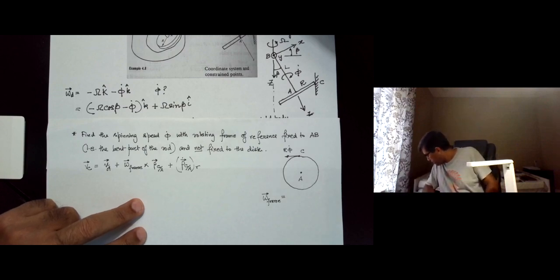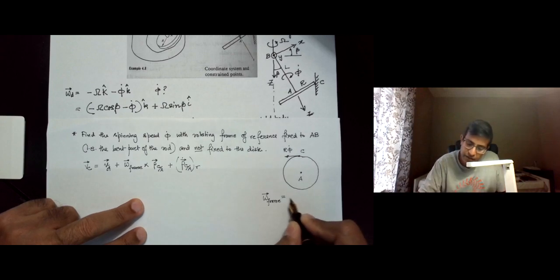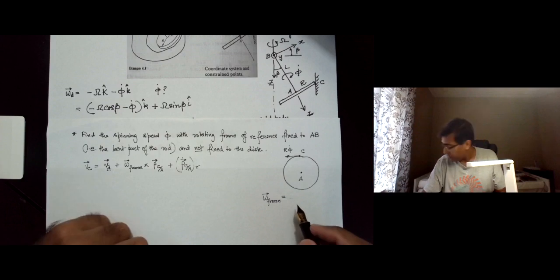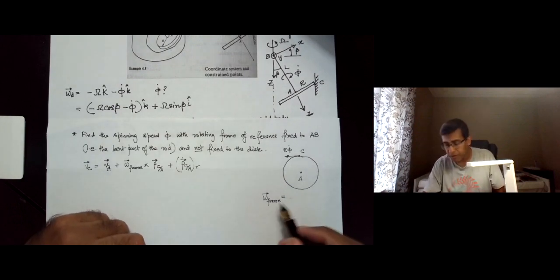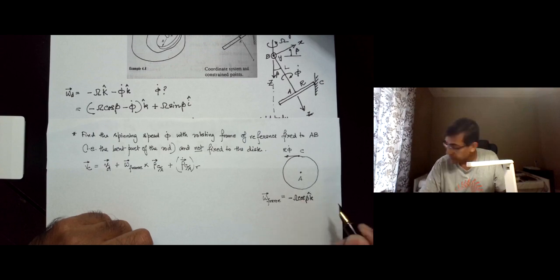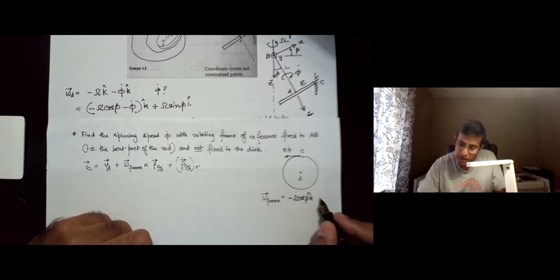Let me just check. Negative omega cosine beta k, so it is negative. So omega frame for this frame is going to be negative omega cosine beta k plus omega sine beta I.